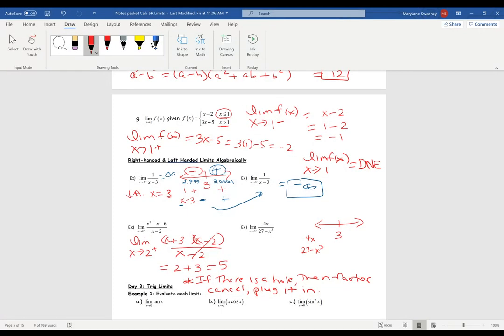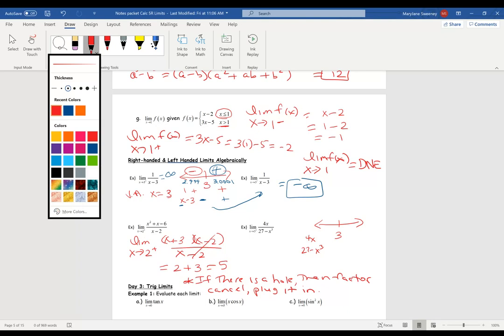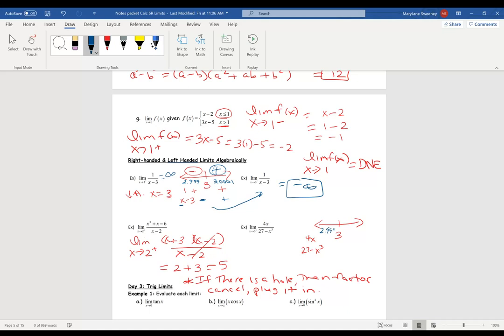I need to take a number, again, slightly to the left of 3, 2.999. Okay, if I put that in here, it's going to be positive. If I put that in here, it will also be positive, right? Because that'll be slightly low.